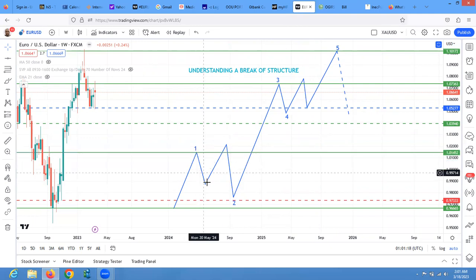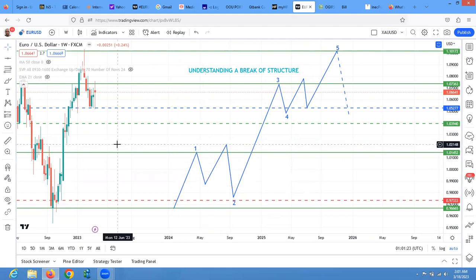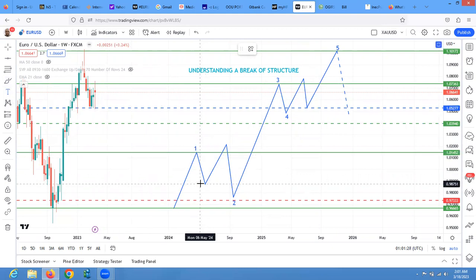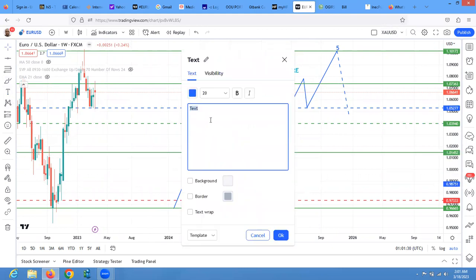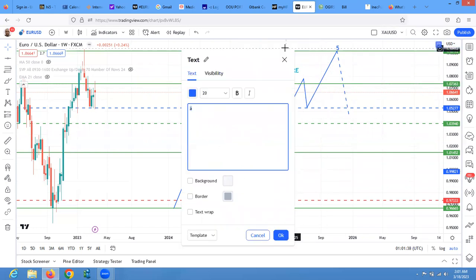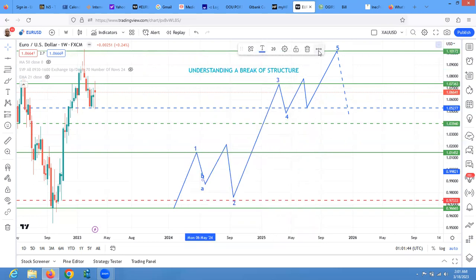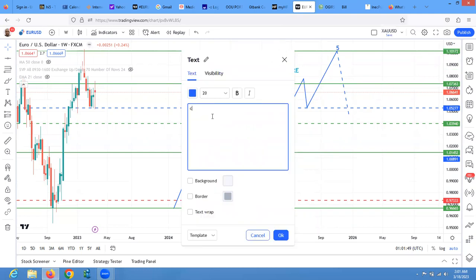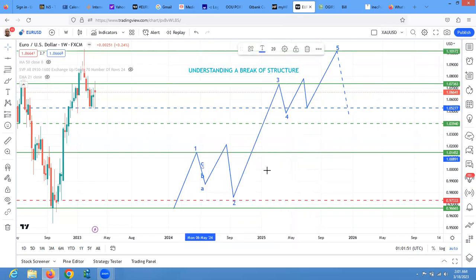Now, when you have the first move to the downside like this, which is A, just permit me to label A and a B and a C. By the time you get this concept, you have a clearer picture.